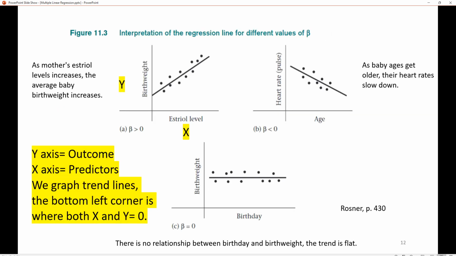And in this, we have a display of how that data might look. This is the scatter that I was talking about. On the top left, we see as mother's estriol levels increase, and that's what's on the x-axis on the bottom here, as that increases, the average baby birth weight increases.